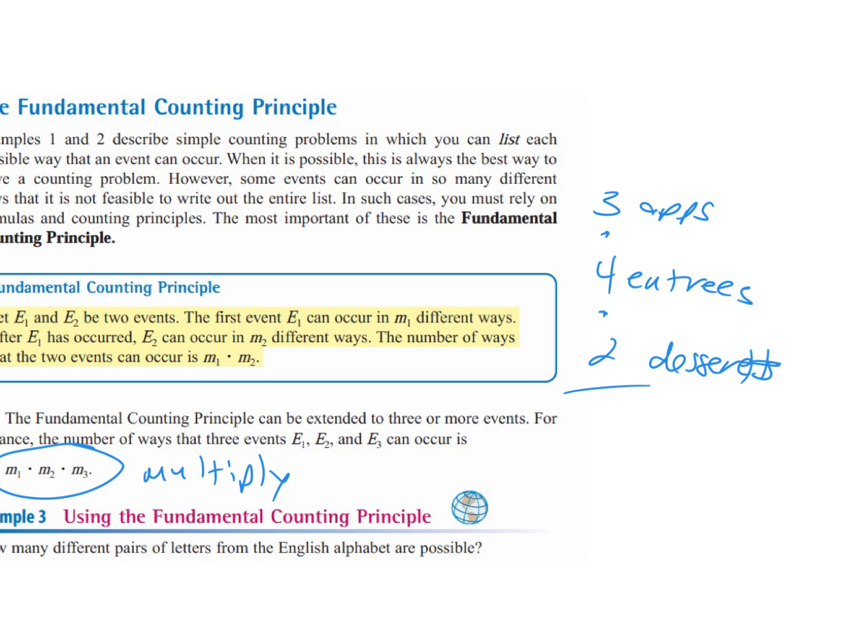They'll give you questions where they say, you're picking your schedule. And you want to pick 1 of 4 math classes. There's an option of 6 sciences and 14 electives. How many different combinations can you make? You would just multiply those together. That's the basic part of the fundamental counting principle.